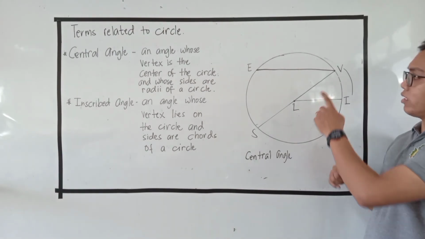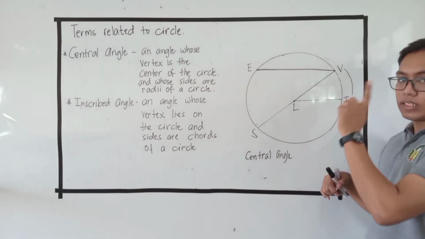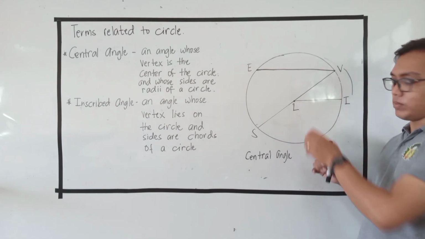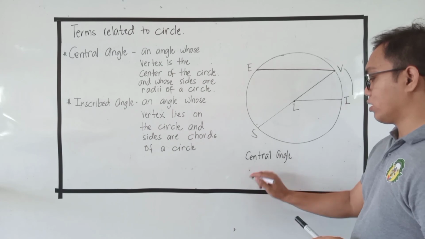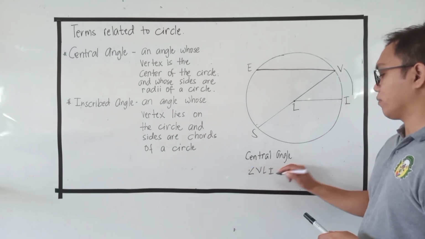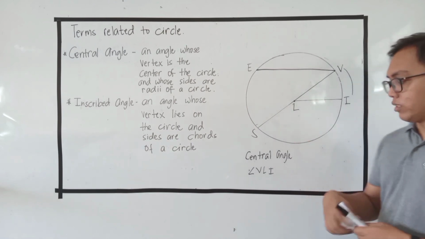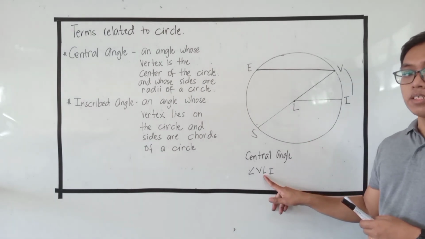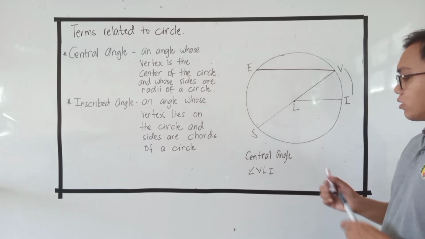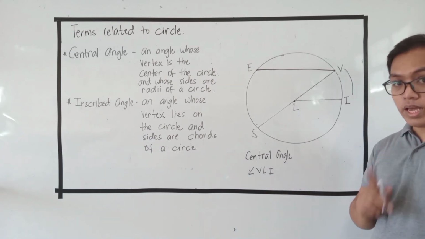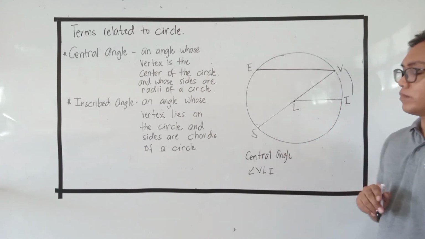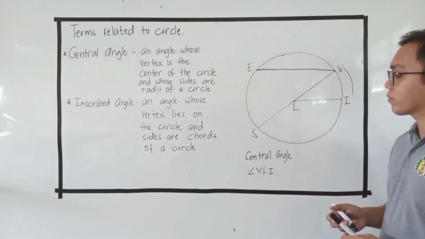We have angle VLI, since the vertex is L, or the center of the circle. So, angle VLI. Always remember that the letter in the middle serves as the vertex. We also have angle ILS as a central angle.